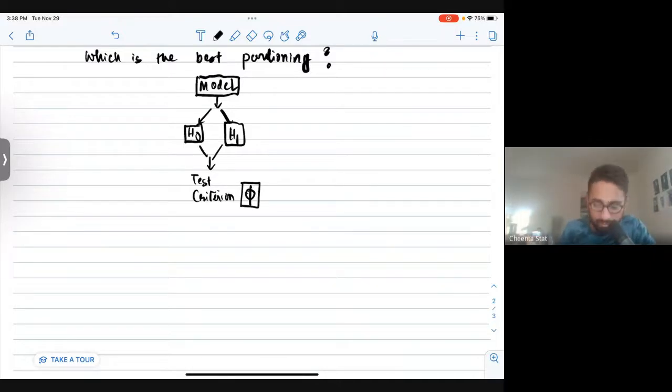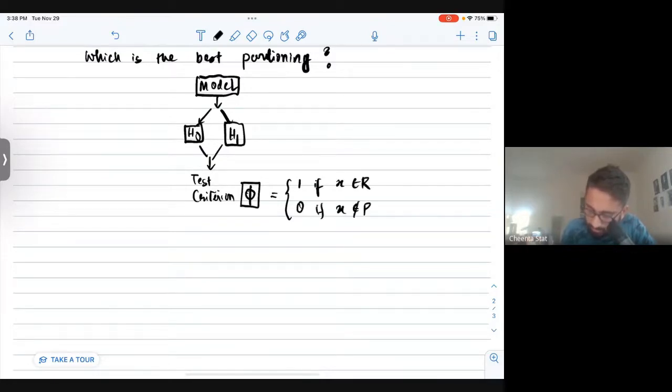It is equal to 1 if x belongs to the rejection region and 0 if x does not belong to the rejection region. This is very simple, simplistic.